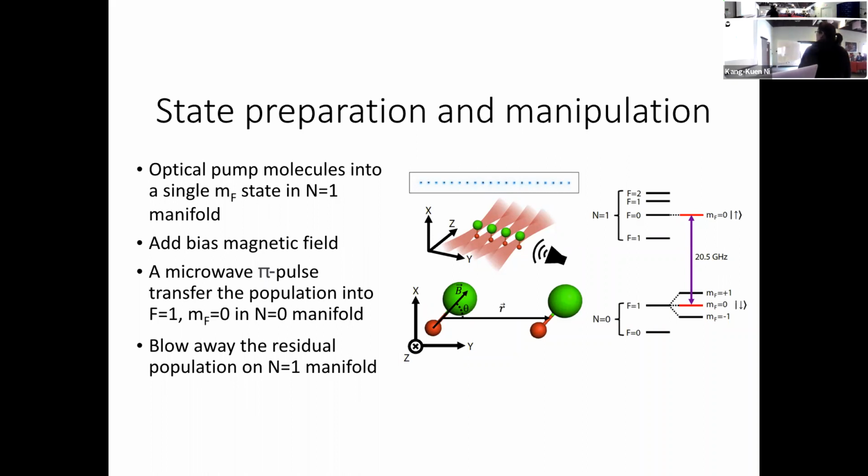And for these double sigma molecules, after one cools down and traps them in the optical tweezers, typically the population is scattered in multiple internal states. So one has to prepare them ultimately in a single one by doing optical pumping. Usually it's an optical pumping scheme to allow the molecule to go into a particular dark state, and then you blow away the rest, which is bright, and hopefully they're gone. And then your dark state will be your initial starting point for further manipulation.